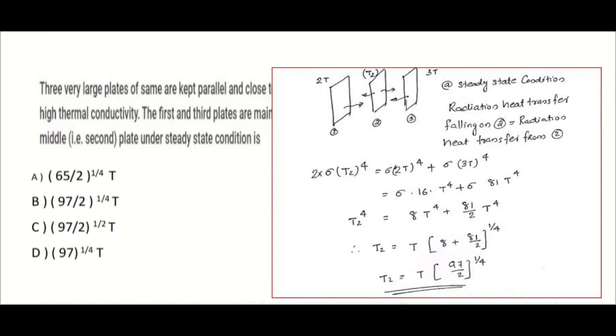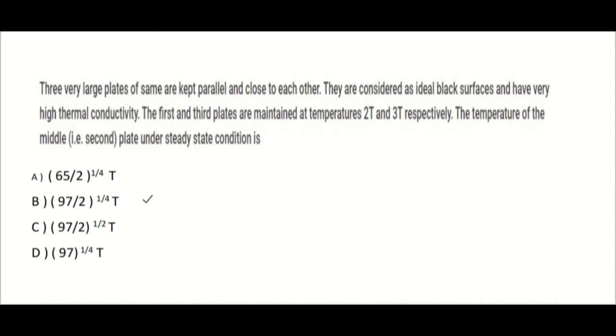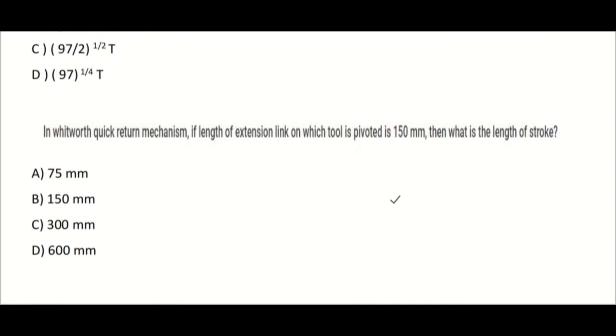That will be equal to the radiation energy transferring from the second plate, that is sigma T2 raised to 4. It has two surfaces, two faces, so multiplied by 2. From that we can find the value of T2, that will be equal to T into 97 by 2 whole raised to 4. That is the right answer.